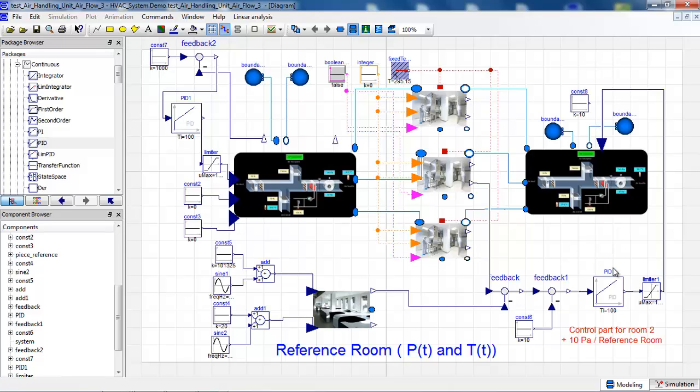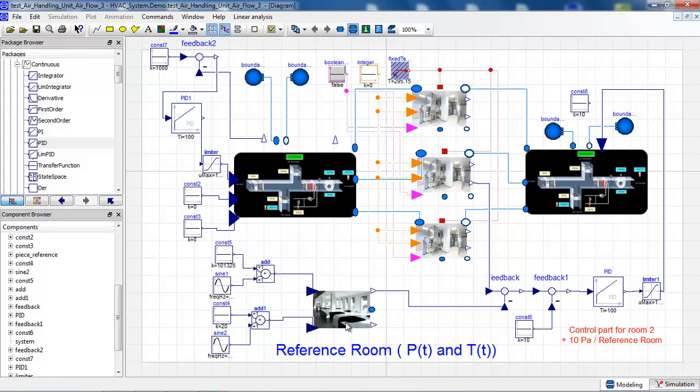To do so, I will do the same using a PID here, and I want to control the pressure in my room 2 at plus 10 Pascal compared to the reference room, which is here.